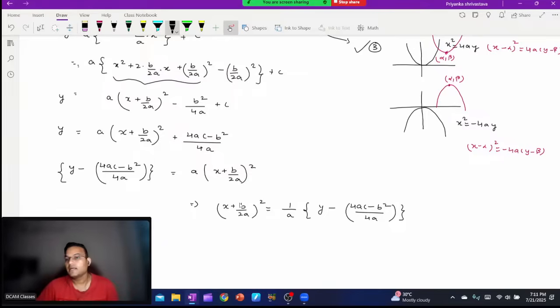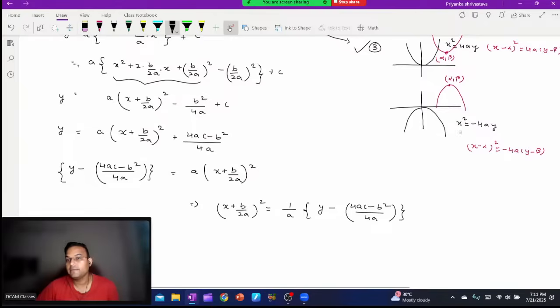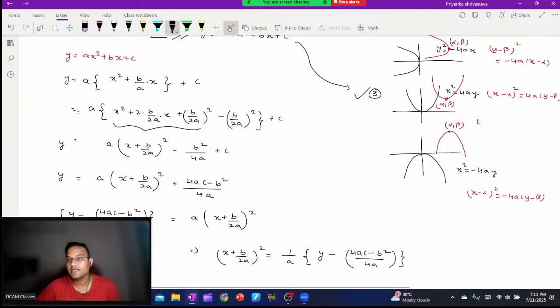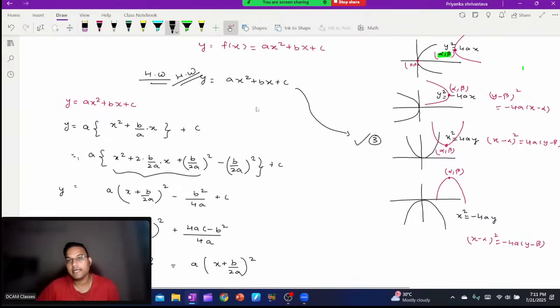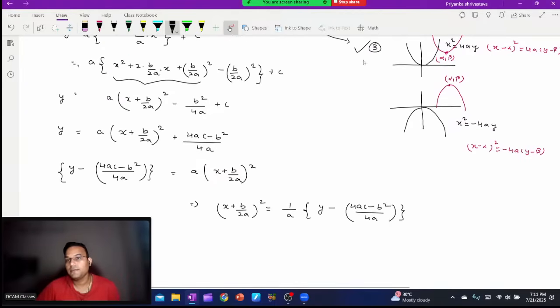Now see, this is of the form x square is equal to 4ay type. The third one. I predicted when I gave you homework, I told you the kind of parabola you may be getting is of the third type.